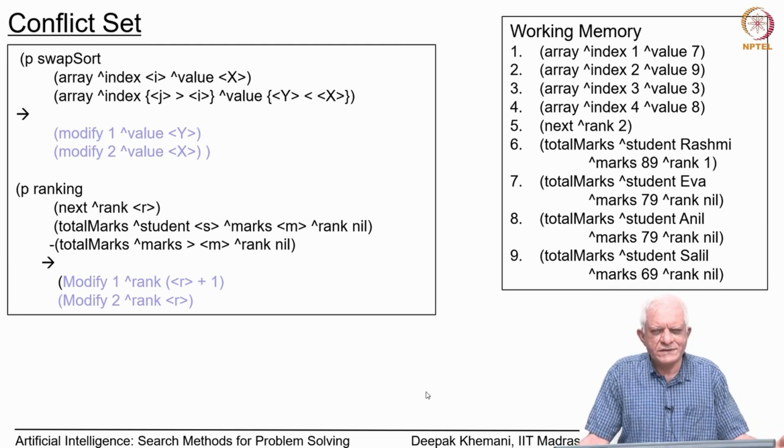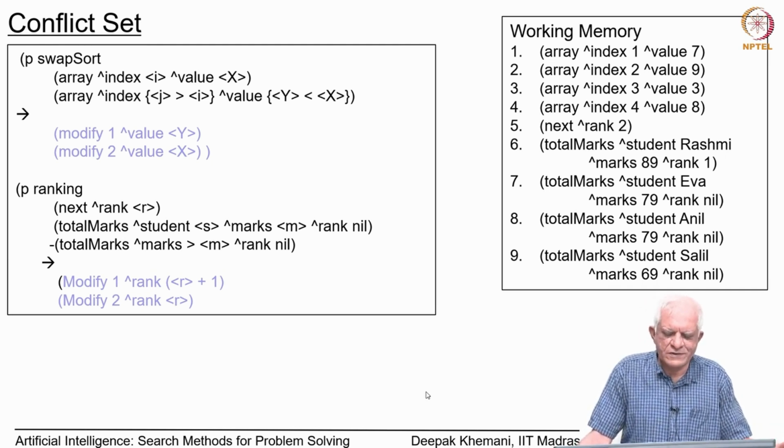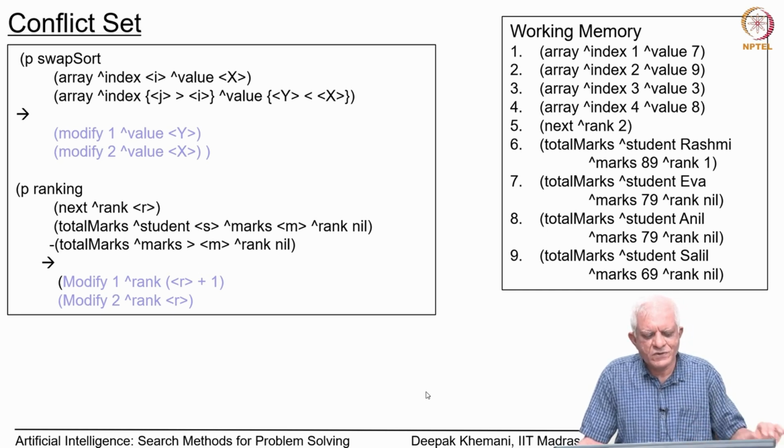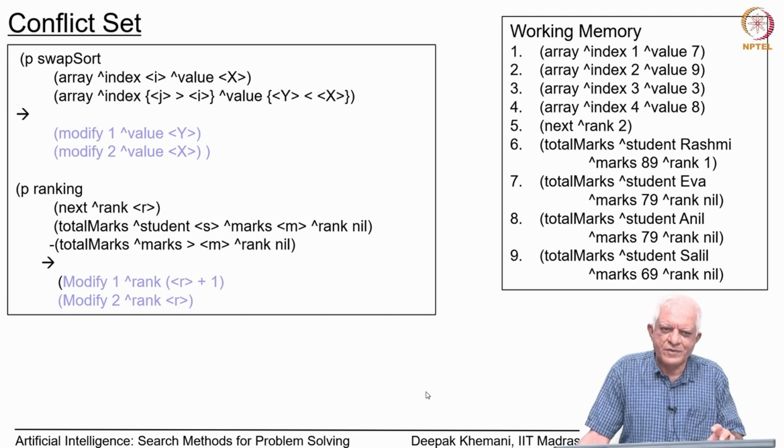The first rule is for sorting, we call it swap sort. It simply says that if there are two elements which are out of place, then we do not, as far as the conflict set is concerned, actions do not concern us, because we are simply trying to find out which rules are matching.